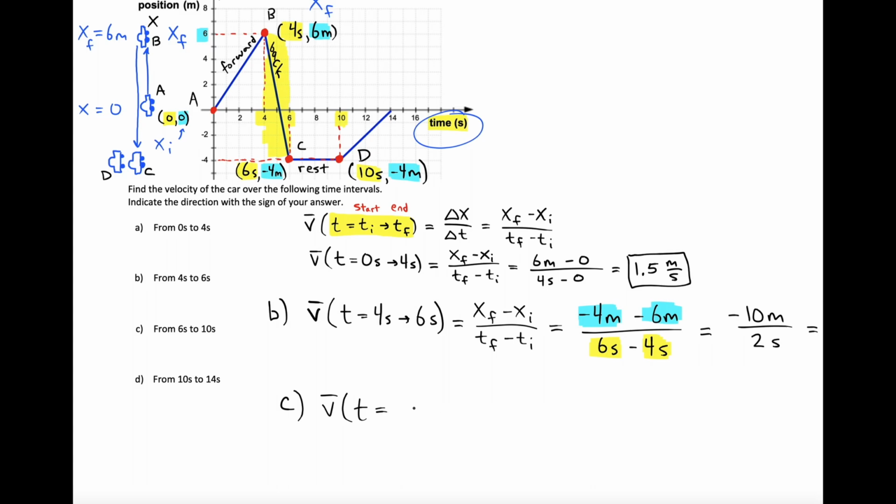Our velocity calculation will be from t equals 6 to t equals 10. And we're going to do -4 meters minus -4 meters. It's important to keep the double negative there in this situation.